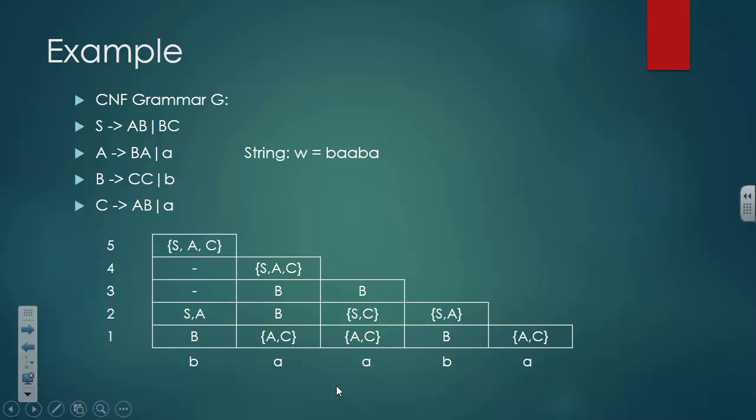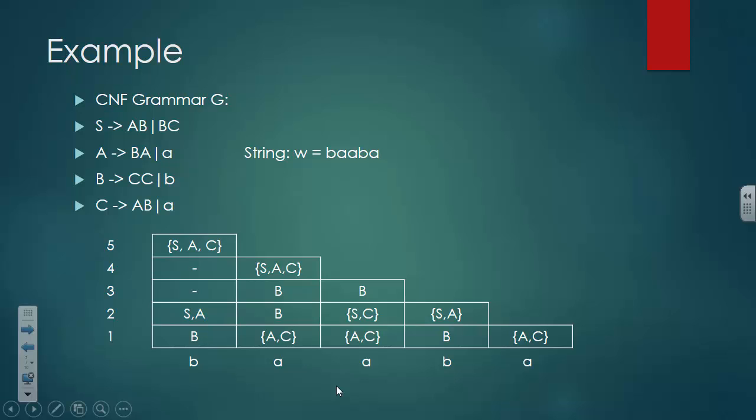The algorithm starts by checking the first terminal, which in this case is B. Looking at the grammar, the terminal B can only be generated by the production B, therefore an uppercase B is placed in the box above it. Doing the same for the next terminal A, you can notice that both the productions A and C can generate it, so those values are placed in the box above A. The same concept is followed for the rest of the row.